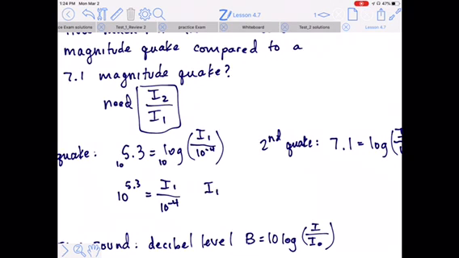The intensity of the first quake is equal to 10 to the negative 4 times 10 to the 5.3, and that's equal to 10 to the 1.3. When you're multiplying two terms that have the same base, you just add the exponents. So the intensity of the first quake is 10 to the 1.3 centimeters.